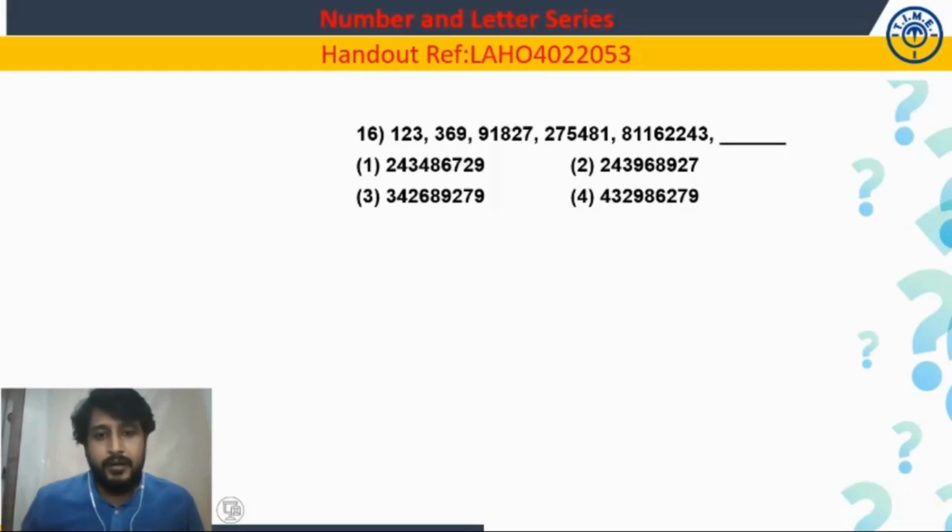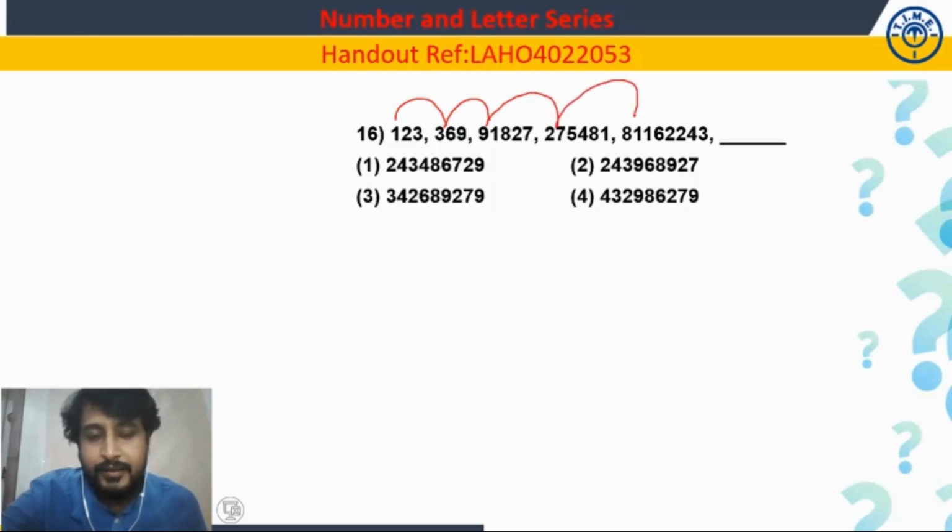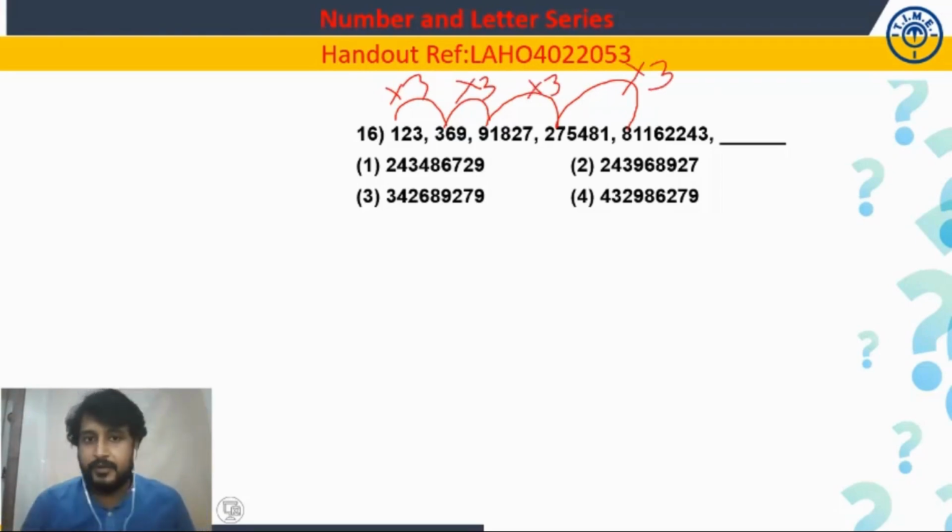Okay, now observe the numbers, observe the pattern. First number: 1, 3, 9, 27 and 81. Can we say that 1 into 3 is 3, 3 into 3 is 9, 9 into 3 is 27, 27 into 3 is 81? Yes, perfectly.